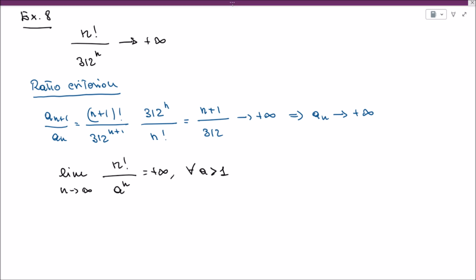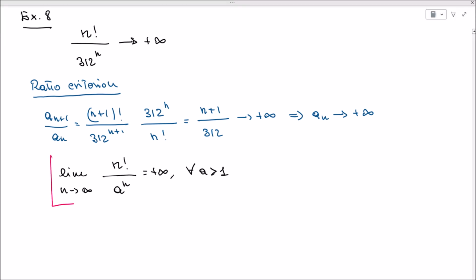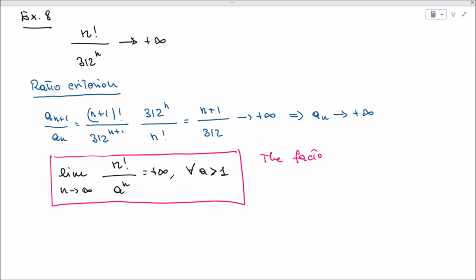Okay, so another important result is that the factorial wins over the exponential.